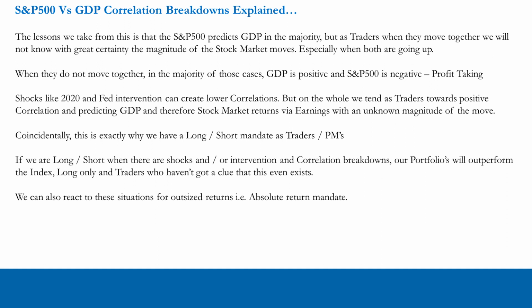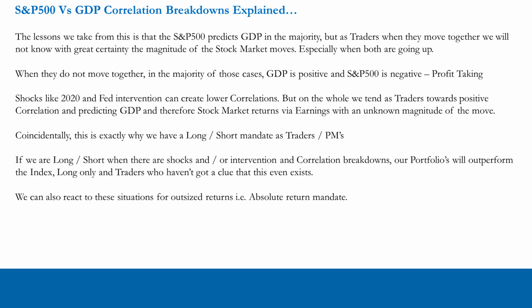Well, the lesson we take from this, firstly, is that the S&P 500 predicts GDP in the majority. But as traders, we have to understand that when they move together, we will not know with great certainty the magnitude of the stock market moves, especially when they're going up, because the range is just so wide.